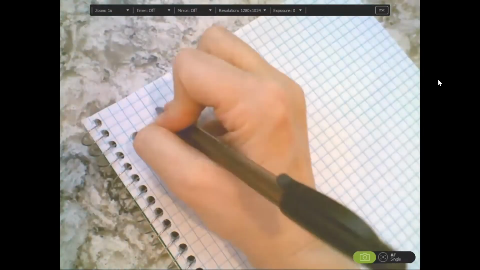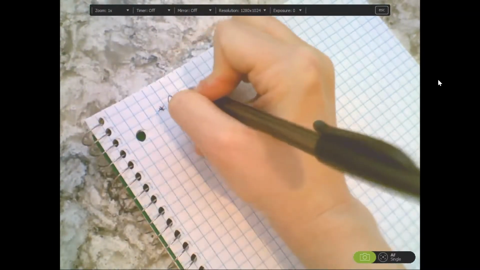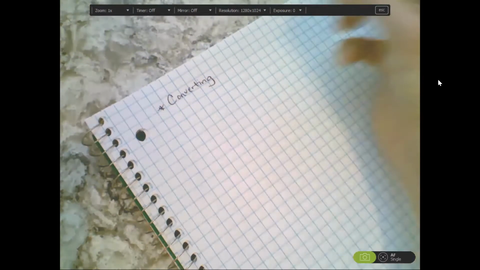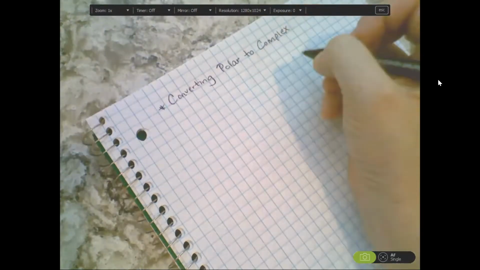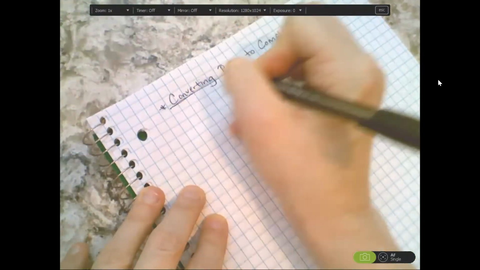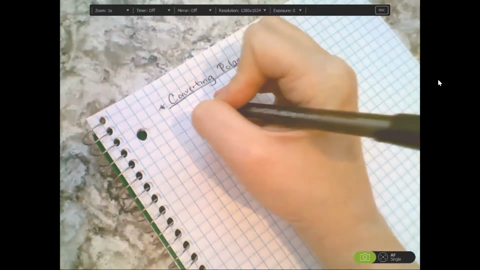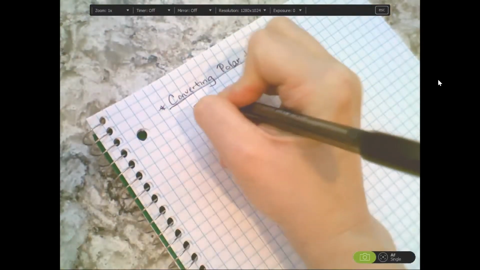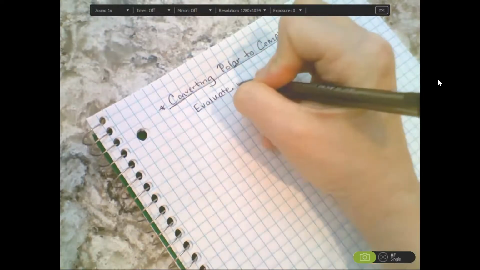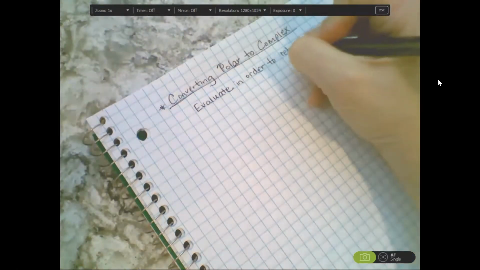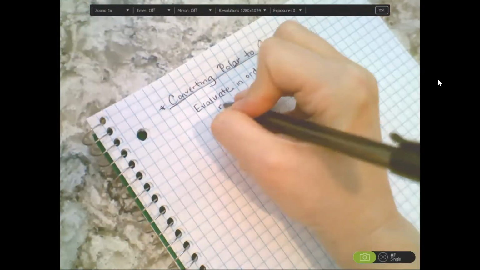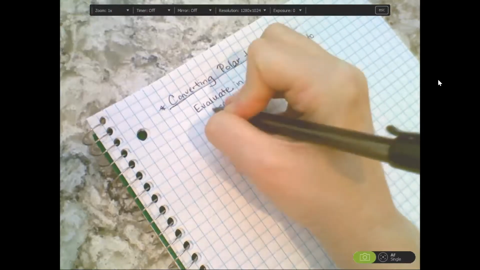So this is a new heading, converting polar to complex. So what we're going to do underneath this, I'm going to say that we're going to evaluate in order to return to what I'm going to call regular complex.